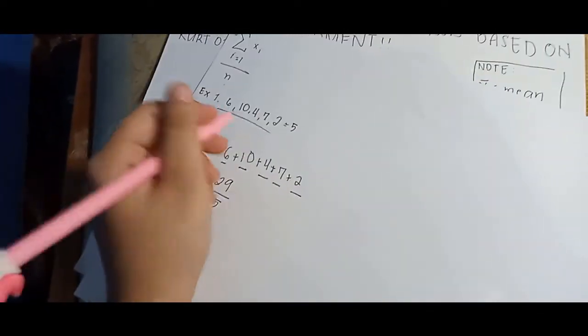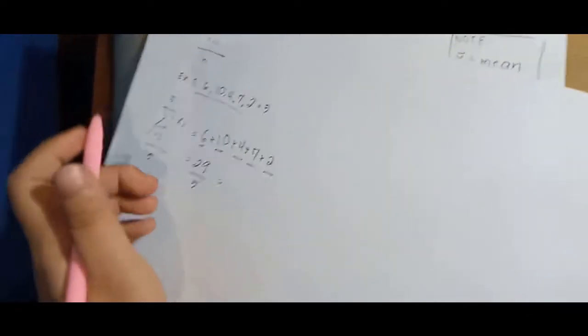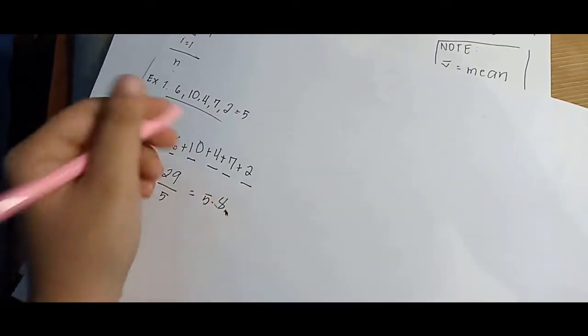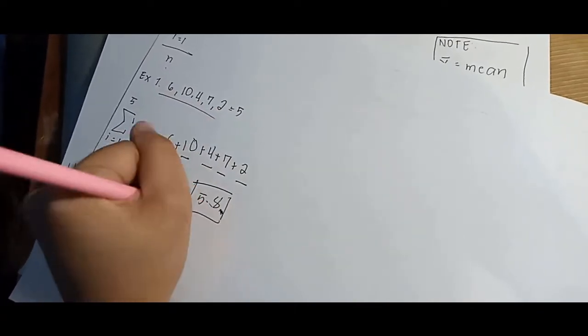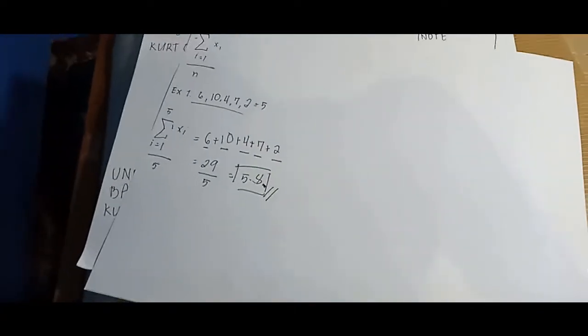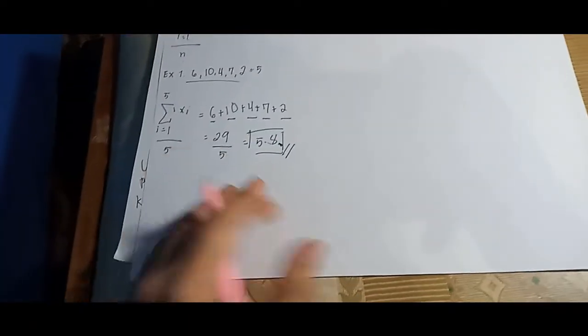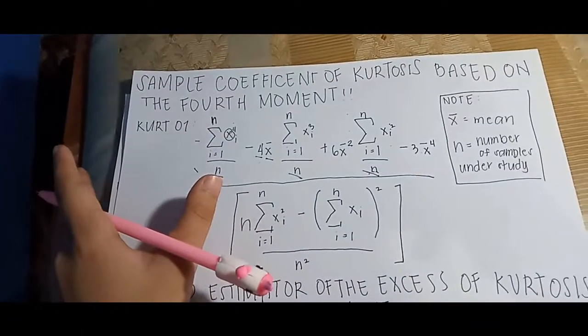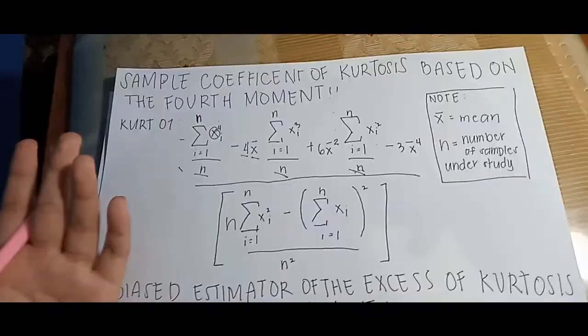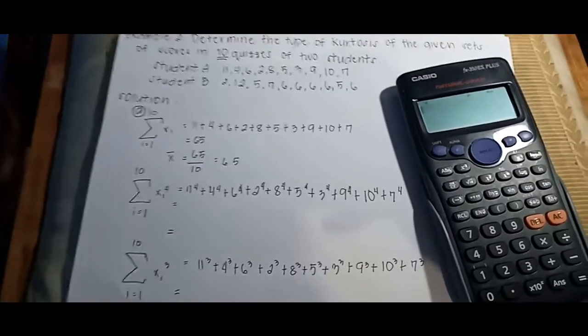In total, we have 5.8. See? It's easy. Now, after finding the mean, you can start using the formula right here. Okay, so let's go to example number 2.